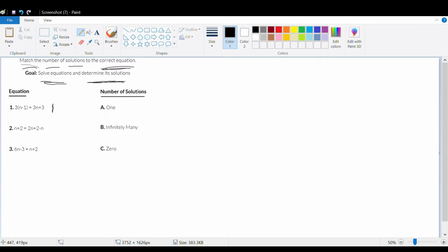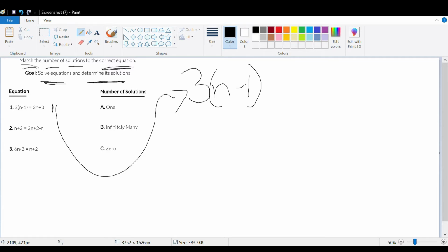equation right here. Let's rewrite this over here. That is 3 times the quantity of n minus 1 equals 3n plus 3. Right here we have 3 times the quantity of n minus 1, so we want to distribute the 3 to each of the terms inside the parentheses.